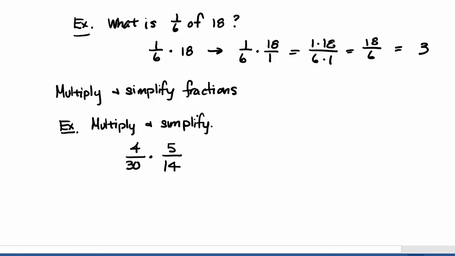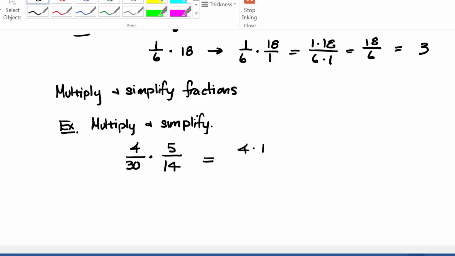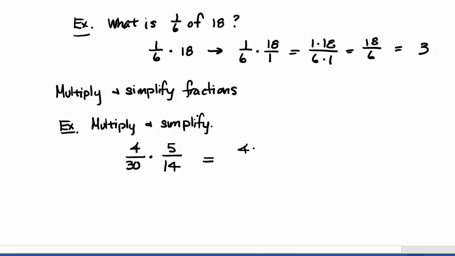Okay, so I could go ahead and just multiply across. Right now I'll have a very large number in the denominator, but oftentimes what's helpful is if I can figure out what some common factors are in the numerator and denominator. So first off, let me write this fraction as I would if I were to multiply across. So it would be 4 times 5 over 30 times 14.